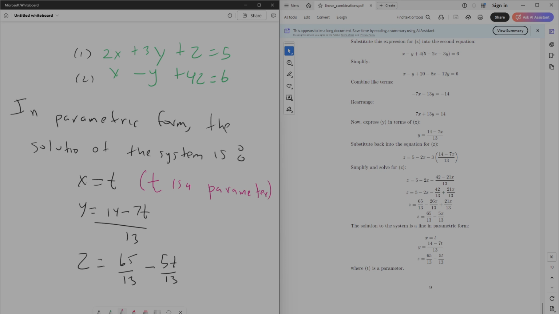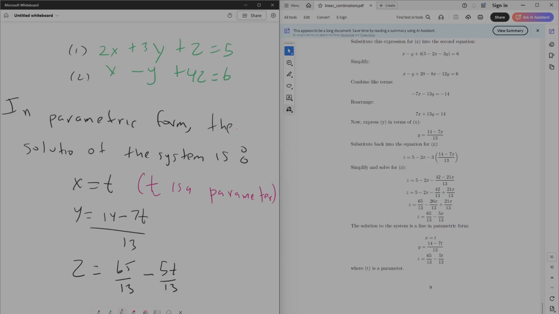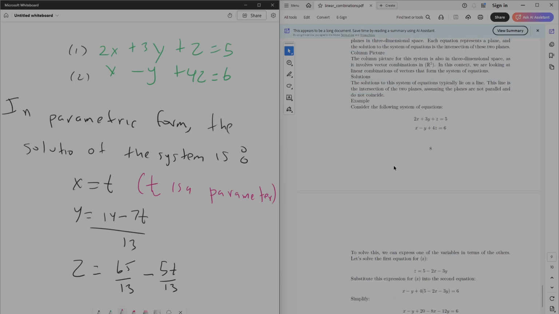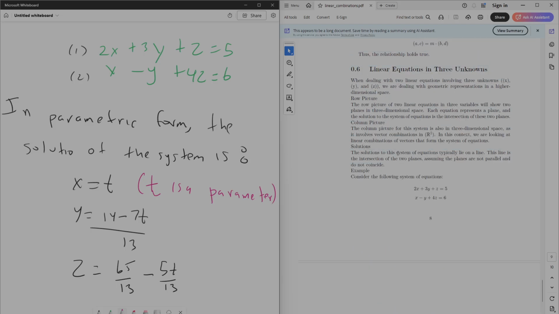This shows that we found the solution, and the solution, as we said, for a system of two linear equations and three unknowns, typically lies on a line. We said that at the beginning. The solution to the system of equations typically lies on a line.